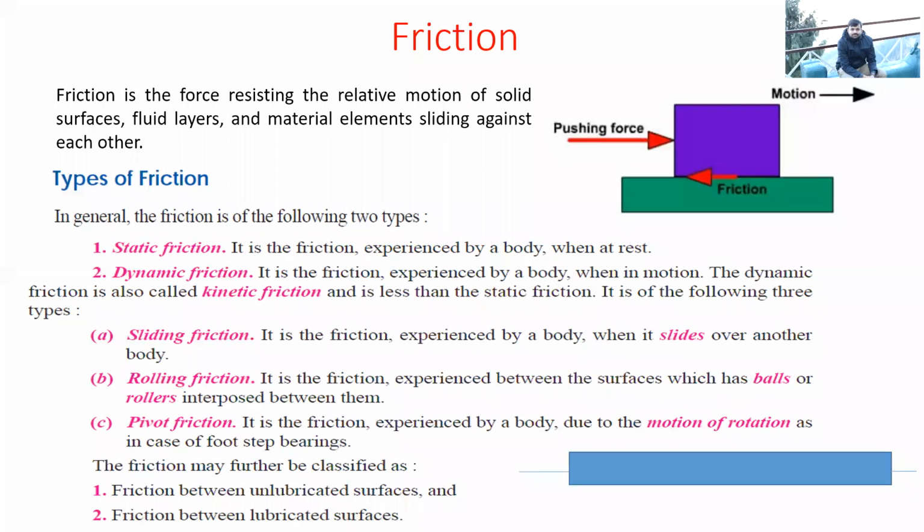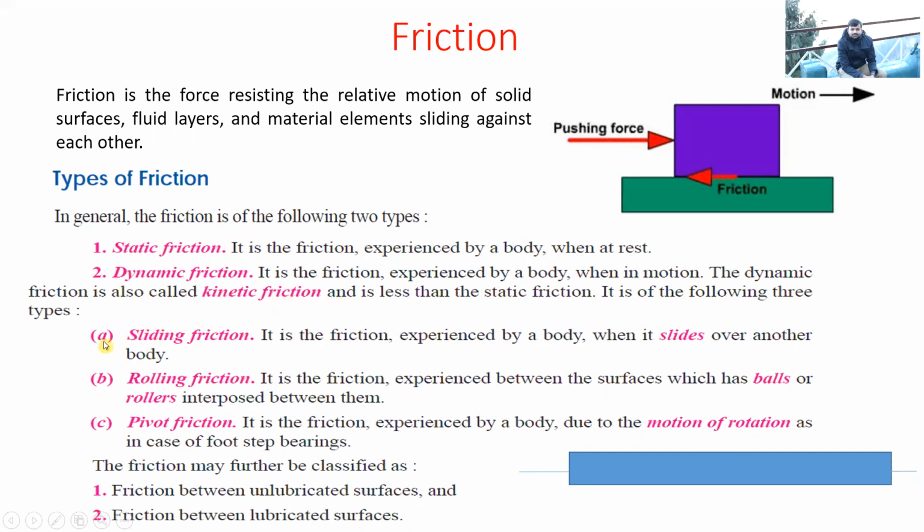Okay, and its value is generally less than static friction. All right, because in order to overcome static friction, we need to surpass some threshold value of the force, then only can we enter the state of motion from the state of rest. Okay, so static friction is always greater than kinetic friction.